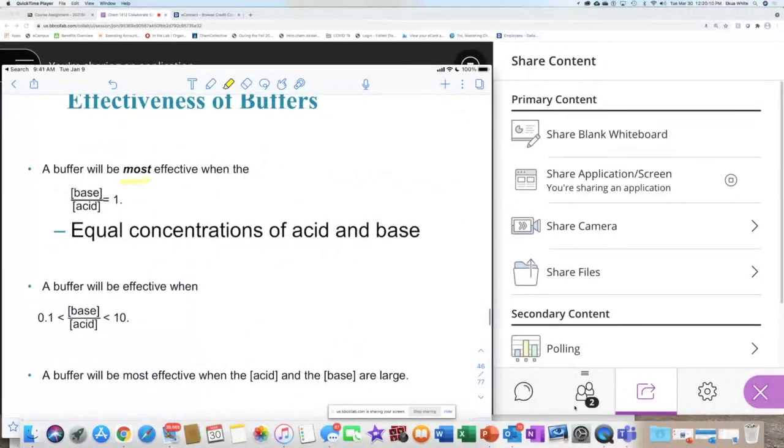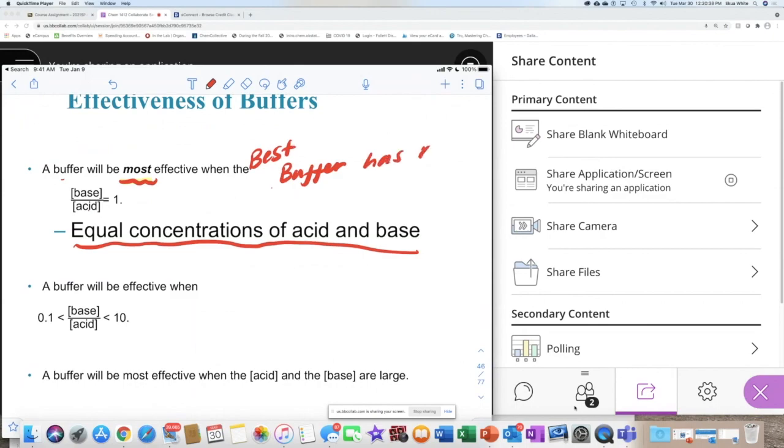So here I want to talk about the most effective buffer. Once again, this is kind of like making solution design. The most effective buffer will be when your base and acid concentrations are close to equal. They don't have to be exactly equal, but close to equal. So the best buffer has roughly equal amounts of acid and base.